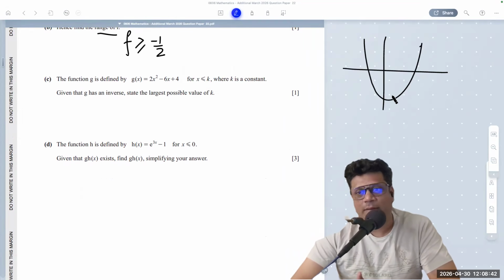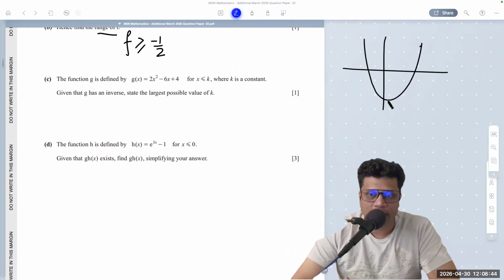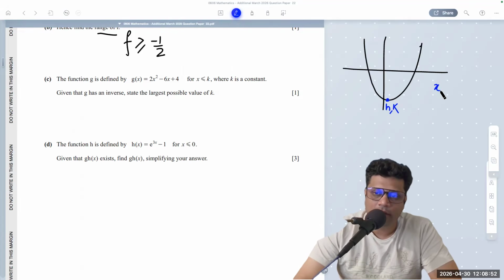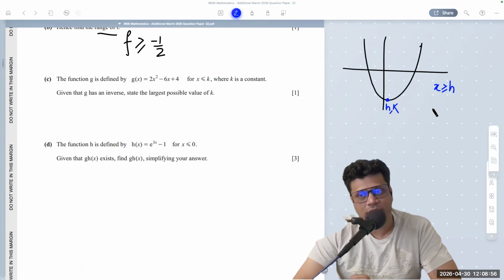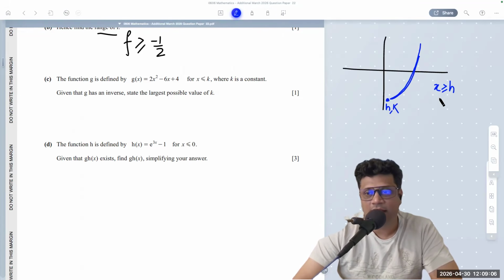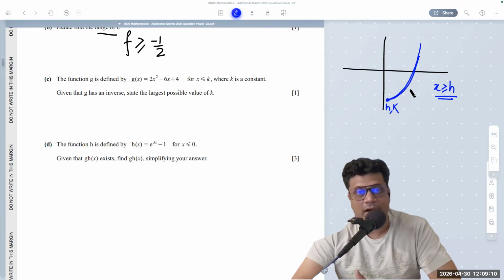One very easy approach to do that is to get the vertex, let's say it's h comma k, and restrict the domain of this quadratic in a way that x is always greater than equal to h. So you're only looking at this part of the curve. Okay, so when x is greater than equal to h, this is the only part of the quadratic that remains.